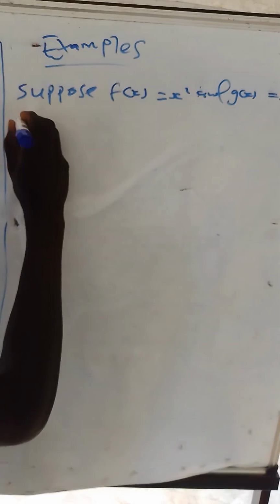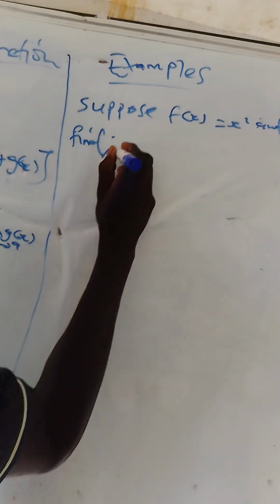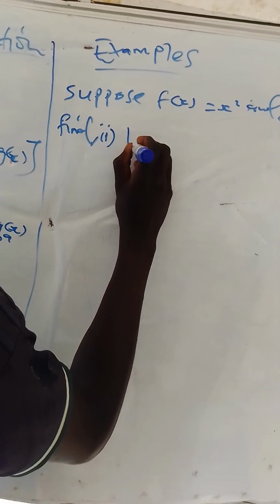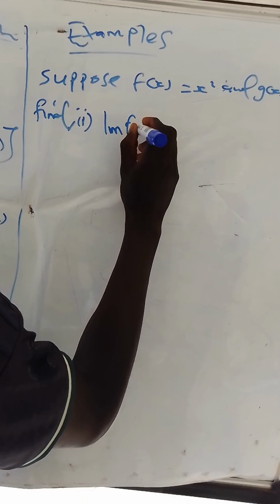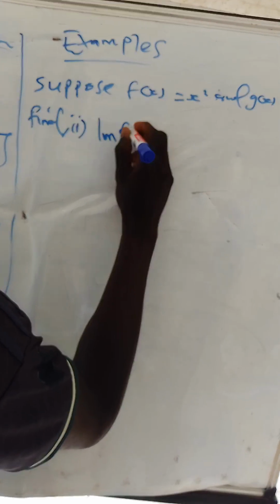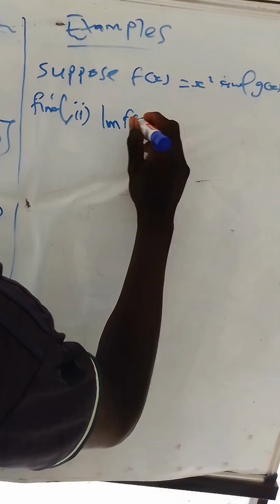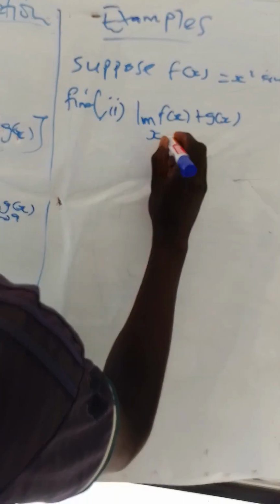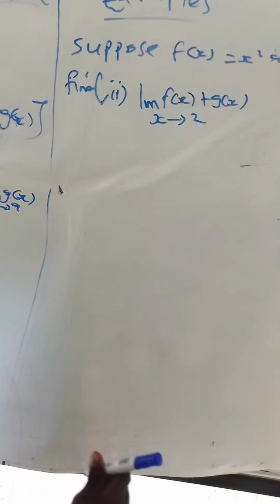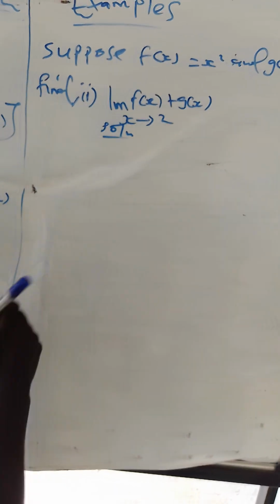Then find, number 1, the limit of f of x plus g of x for x tending to 2. Now remember, this one is our example. Our solution goes like this.